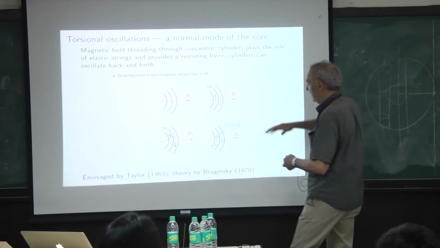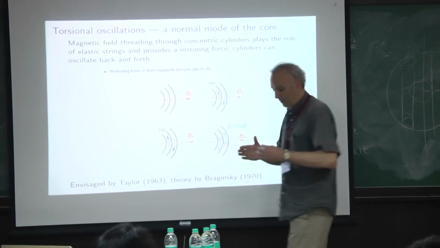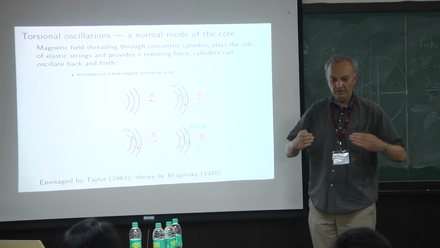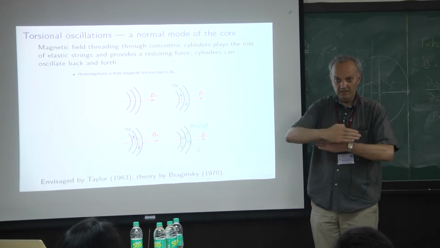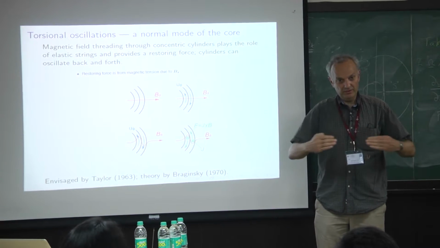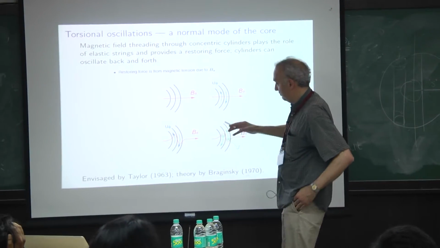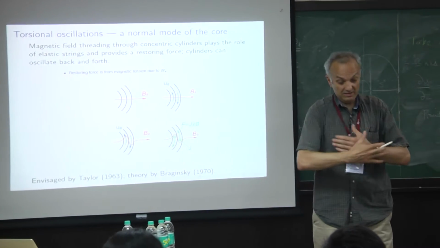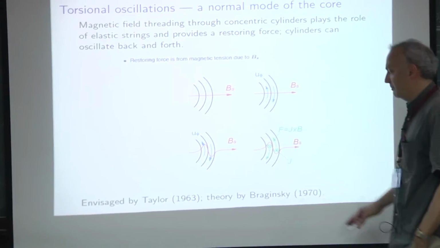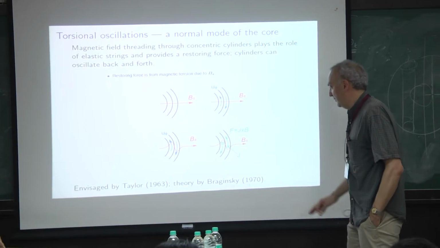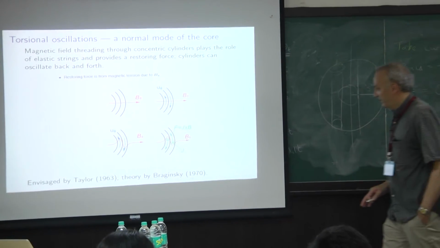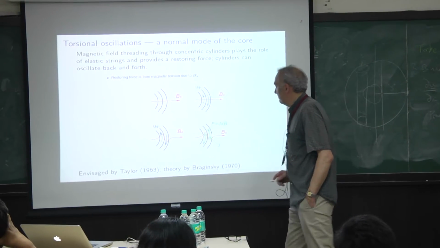So I don't know if that diagram is helpful, but if you displace two adjacent cylinders, they can start to oscillate with respect to one another, and the field line threading through them can provide the restoring force that maintains that oscillation. This is very old theory going back to Taylor's paper in '63, and the theory for it was actually written down by Braginsky in 1970.